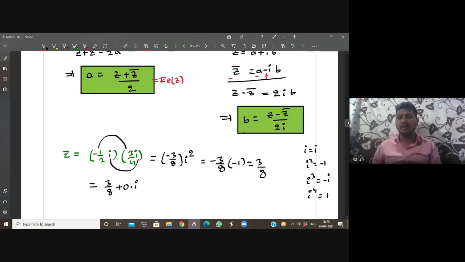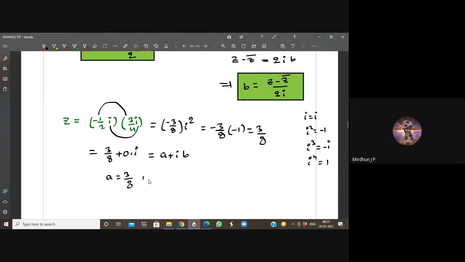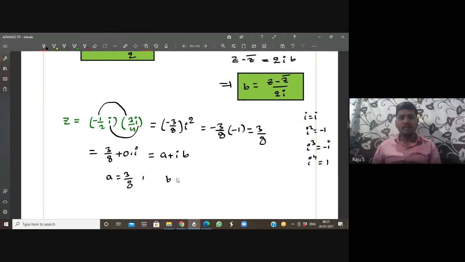Now tell me what is the real part, comparing with a plus iota times b. So a is equal to 3 by 8, b is equal to 0. You should write like this: Re of Z, the real part of Z, is equal to 3 by 8. Im of Z is equal to 0.